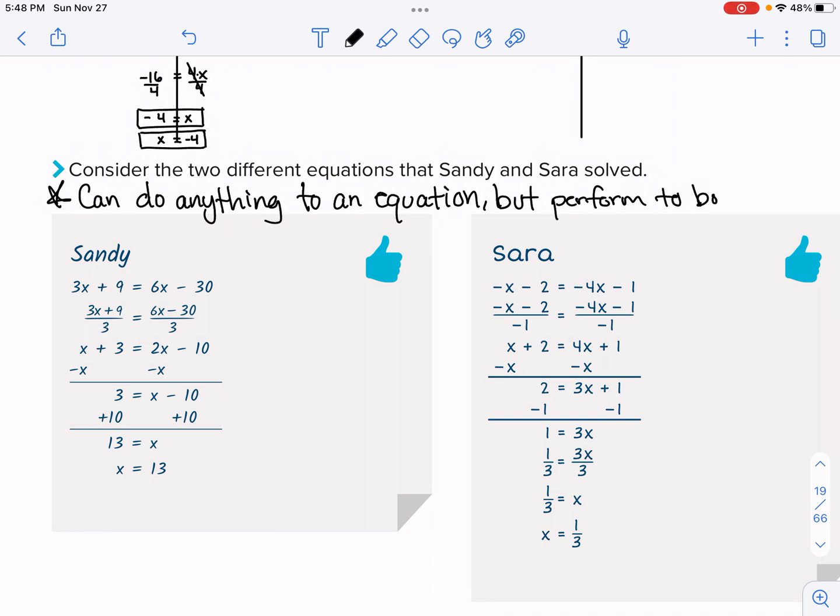As long as you do it to both sides of the equal sign, it works.